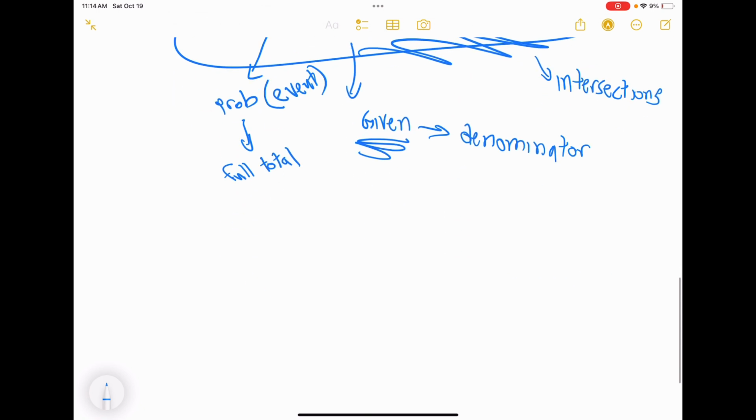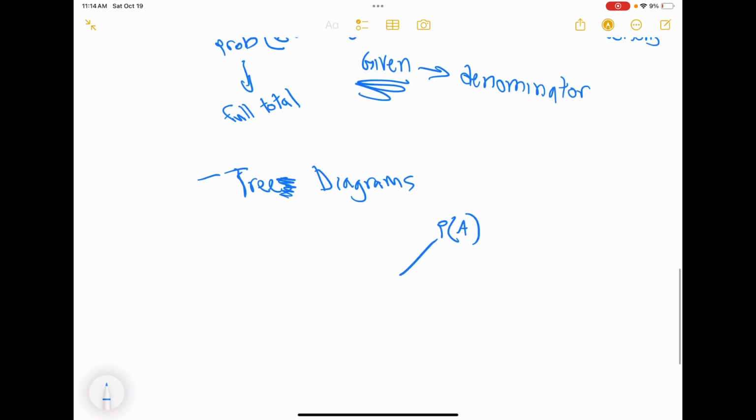Further, and this should make sense too, know your trees. Know how to run a tree diagram. Make sure you can read a tree diagram. Make sure you're comfortable with a tree diagram. Be aware that if there's an event, probability of A, remember that the probability of not A, and you should know this notation, that C means not, is going to be equal to 1 minus the probability of A. Know things like that, right?